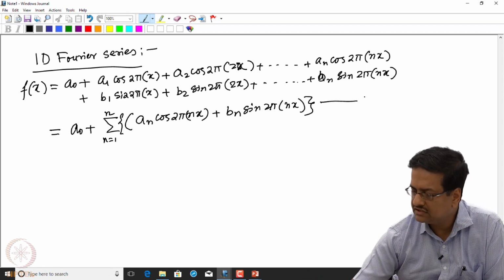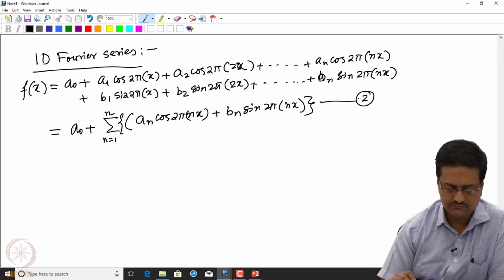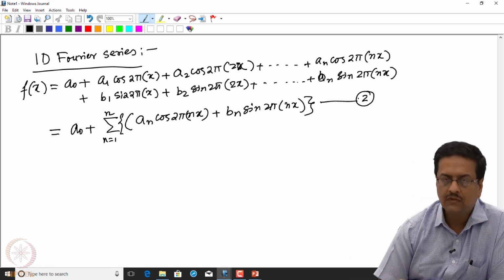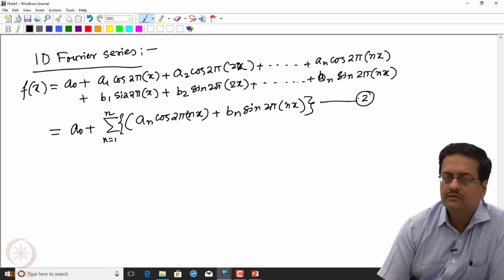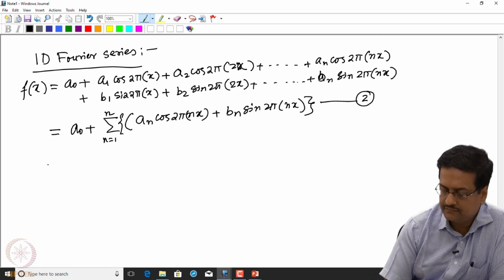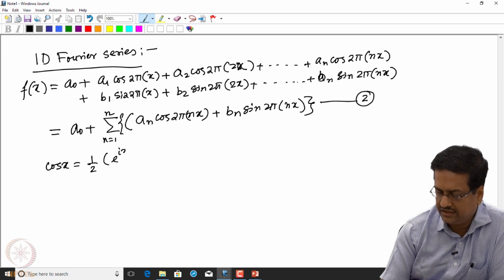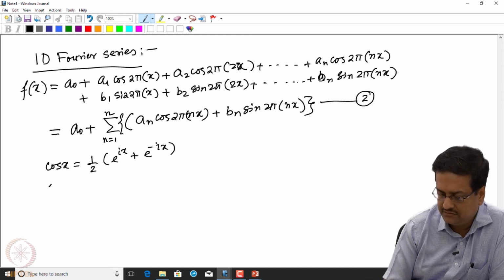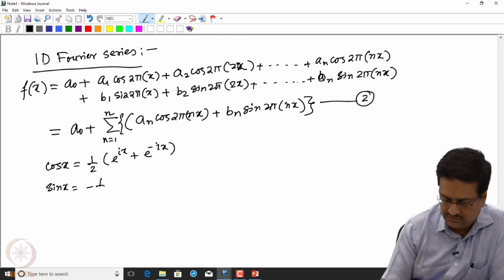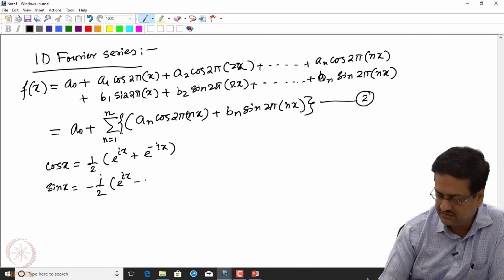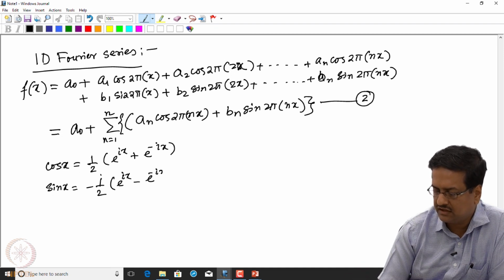We write this as equation number 2. Now we know that cos x is equal to half of e to the power ix plus e to the power minus ix, and sin x equal to minus i by 2 times e to the power ix minus e to the power minus ix.